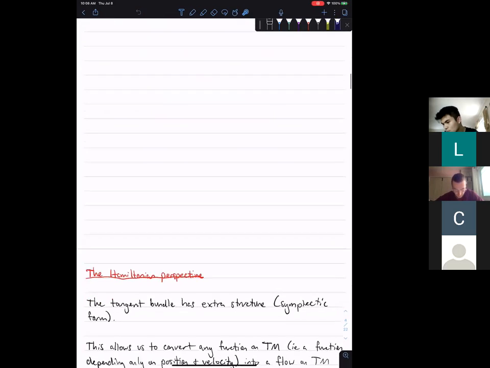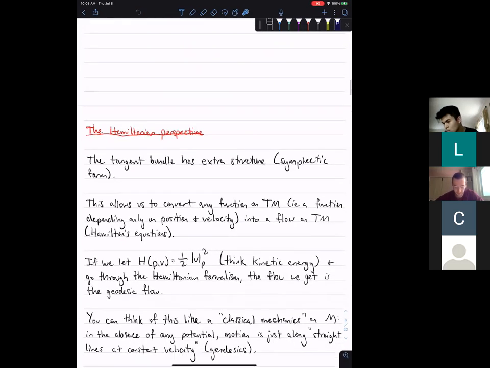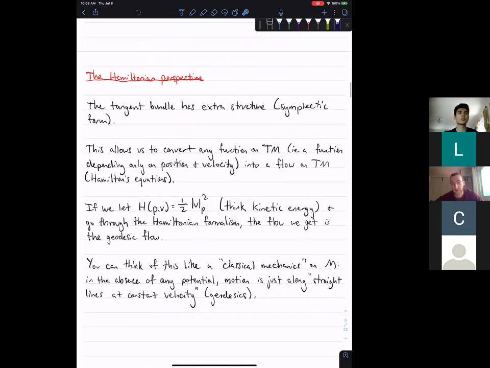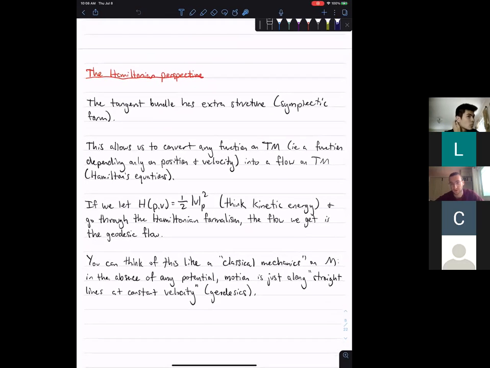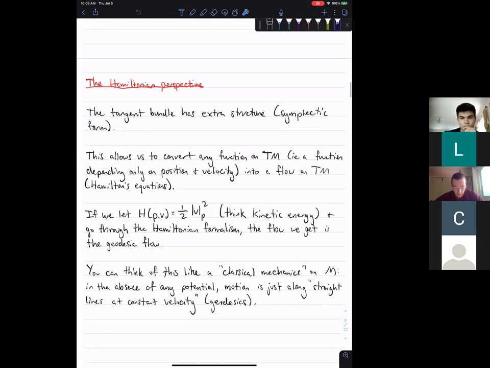And now I want to give another perspective on the geodesic flow that ties more closely with physics and with classical mechanics and ultimately also with quantum mechanics, which is sort of the Hamiltonian perspective on this stuff. So, okay, if you have a manifold, on the tangent bundle you have this extra piece of structure that is pretty exceptional called a symplectic form, which I'm not going to define.